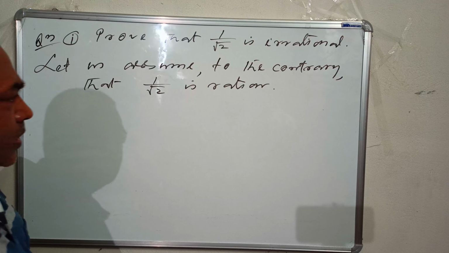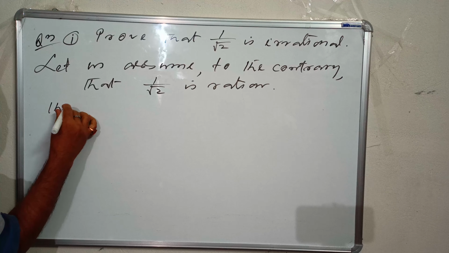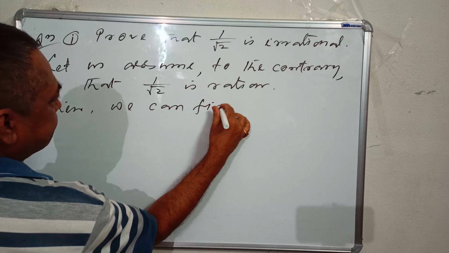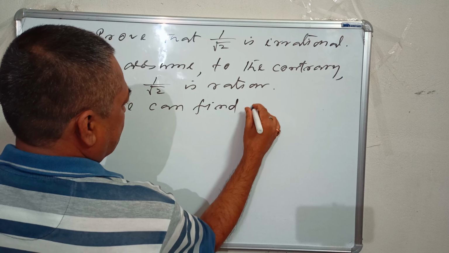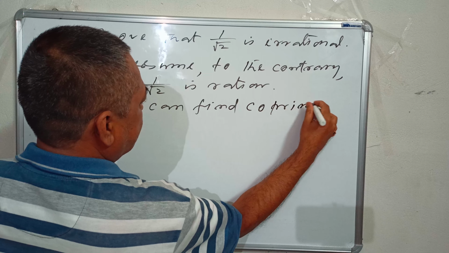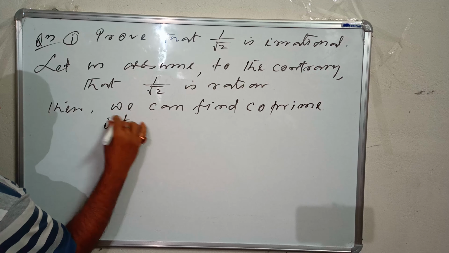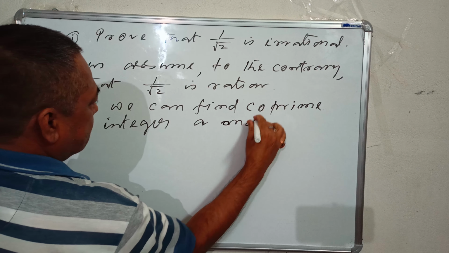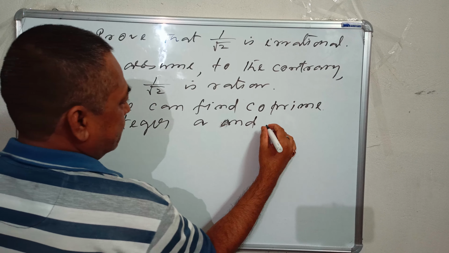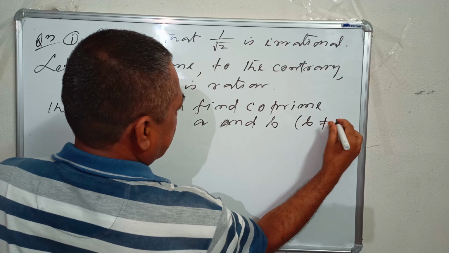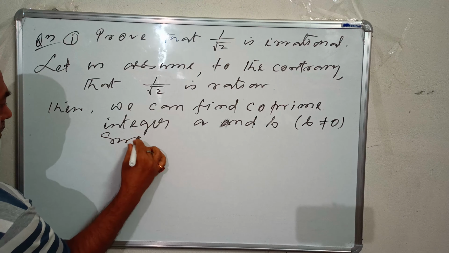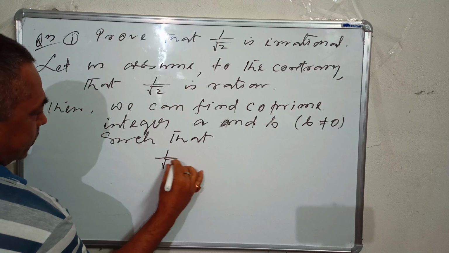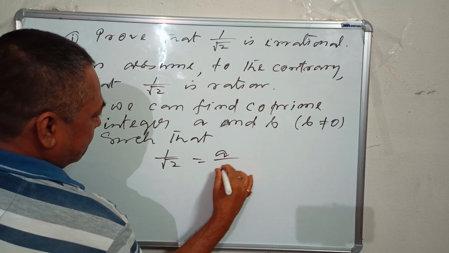Now if it is rational, we can find co-prime integers, say a and b, b not equals 0, such that 1 by square root 2 equals a by b. Okay.